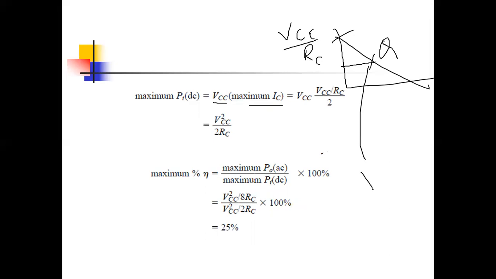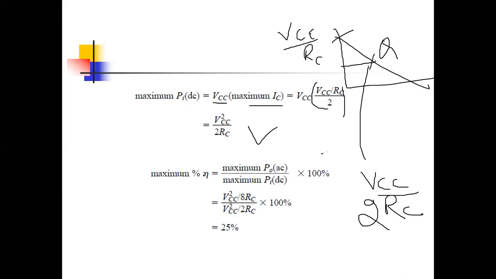Quiescent current will be VCC by RC by 2, or you can write VCC upon 2 RC. Again listen carefully. For DC power, VCC multiplied by ICQ, quiescent current. If maximum current is VCC upon RC, then quiescent current will be just half. So from this it is V square CC upon 2 RC.